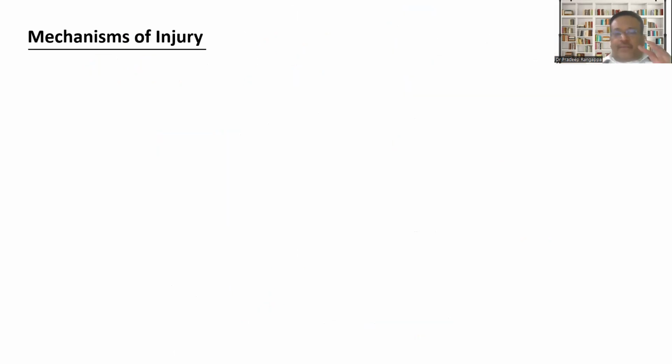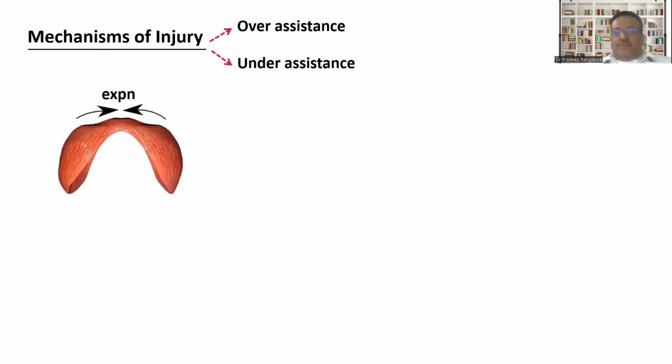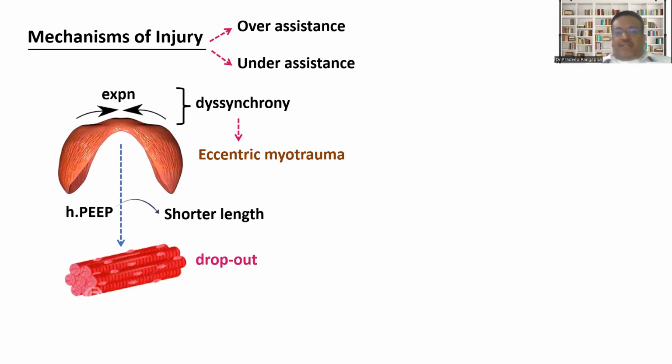So now coming to the mechanisms of injury for the diaphragm. As I said, over-assistance is not good, under-assistance is not good. During the expiratory phase, the diaphragm tends to contract, and this contraction coupled with dysynchrony leads to something called eccentric myotrauma, which leads to diaphragmatic dysfunction.